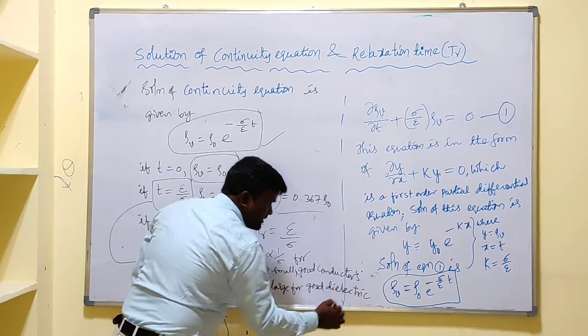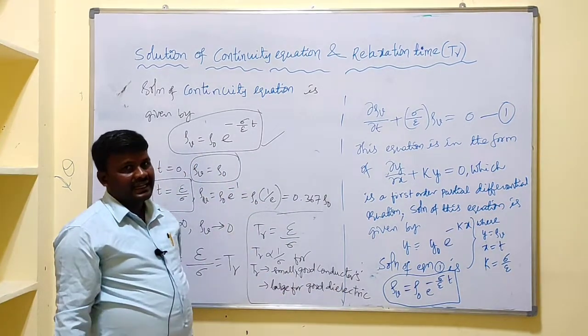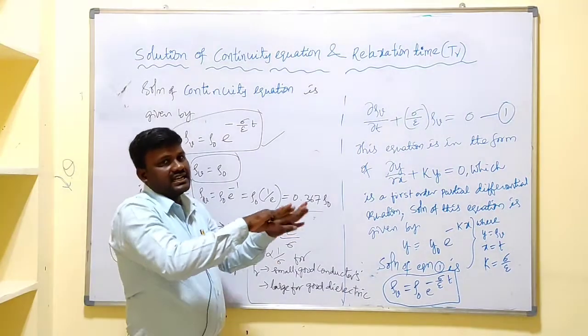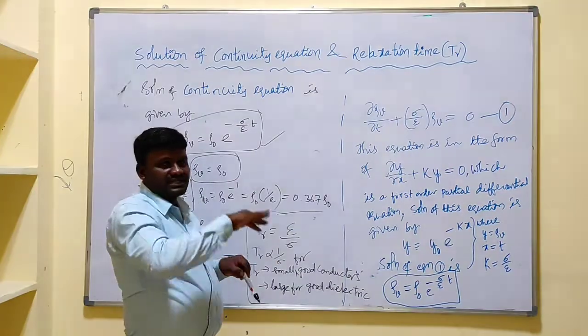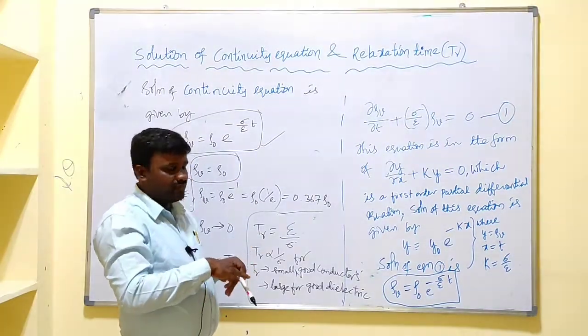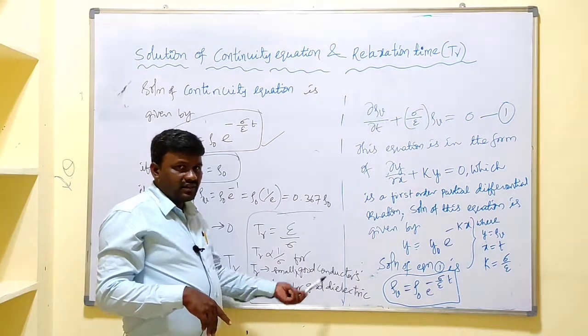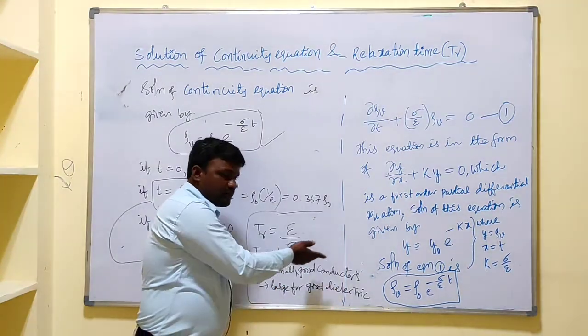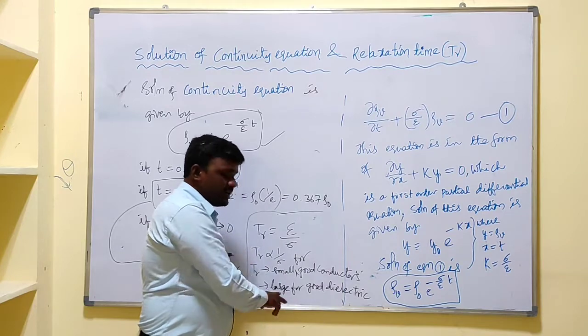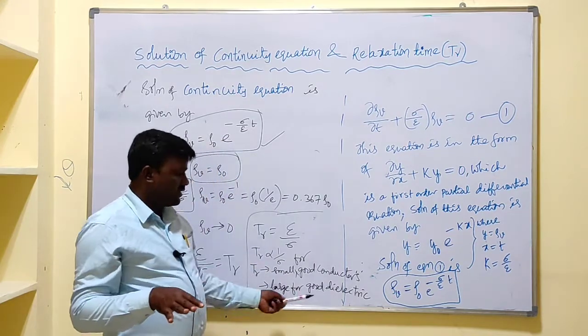If the charge is placed in the interior of a good conductor, the spreading of that charge, or decrement of that charge within the given volume, is fast. Spreading effect is more for a good conductor, whereas spreading effect is less for a good dielectric.